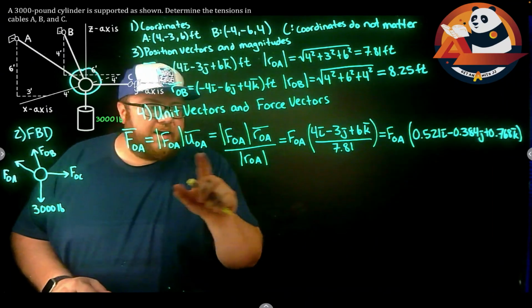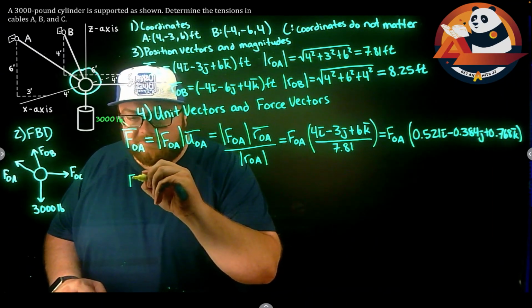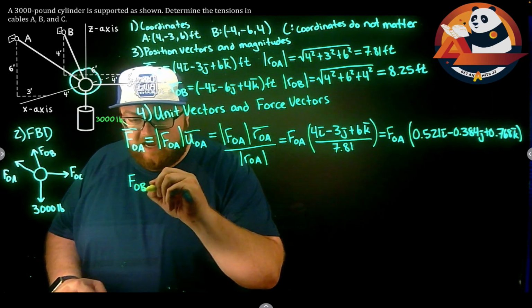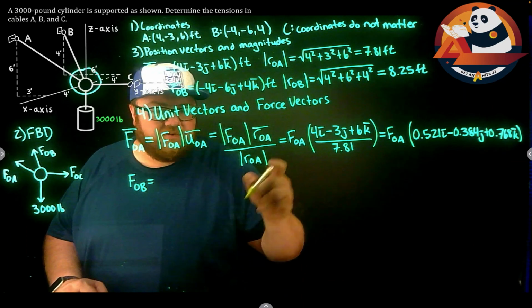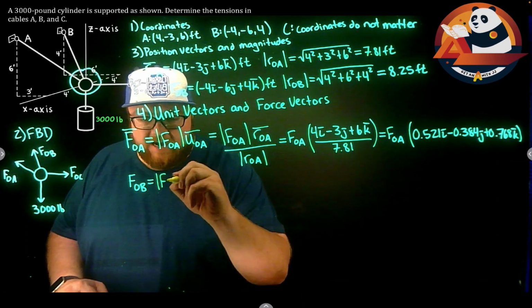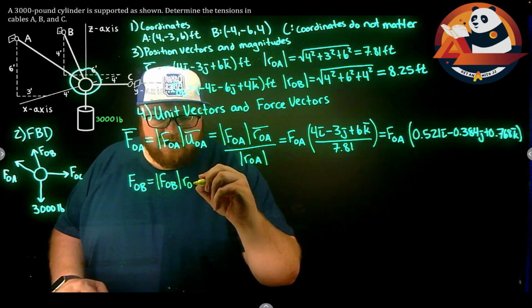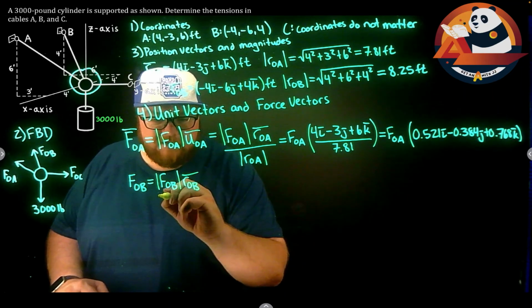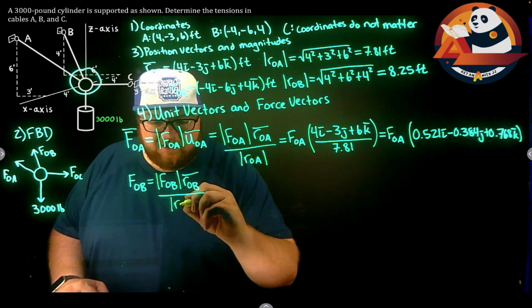So I'm not going to write out all of the steps in here, but let's get our FOB written out. FOB should be our magnitude of FOB. Let's write this form of it. Our magnitude of FOB times our position vector, ROB, divided by the magnitude of ROB.